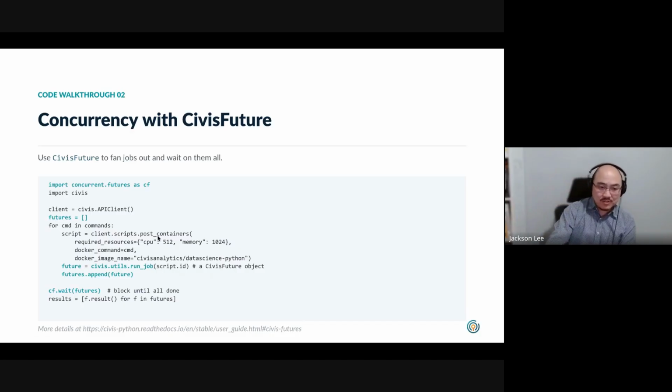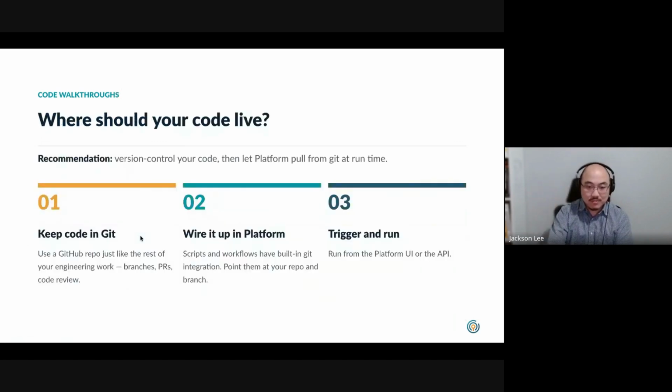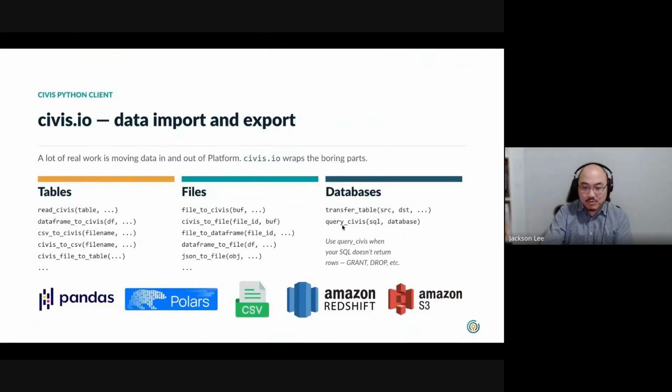In this case, I'm using a container script, but you can imagine something else. One thing I've seen, for example, is you want to run grants in SQL, like you want to update the permissions for a bunch of tables, and obviously you can do that in parallel. You can run a whole bunch of grant statements at the same time. So you would probably not use this call, but something like civis.io.query_civis, and this SQL will be GRANT something something.